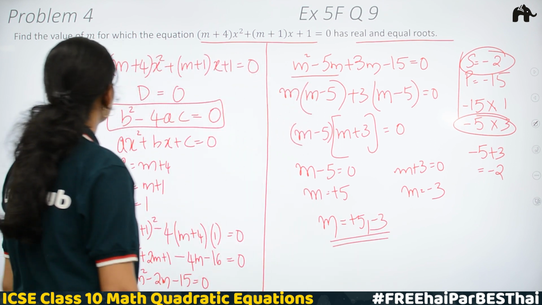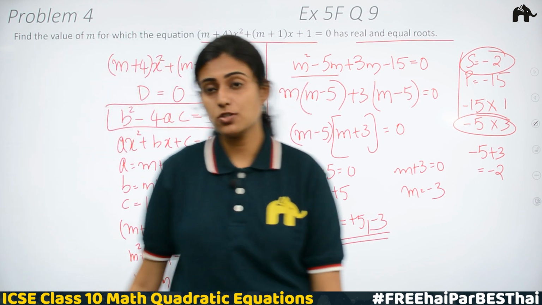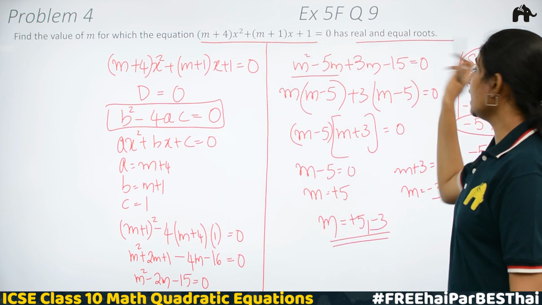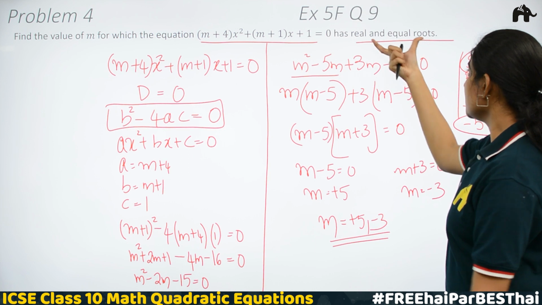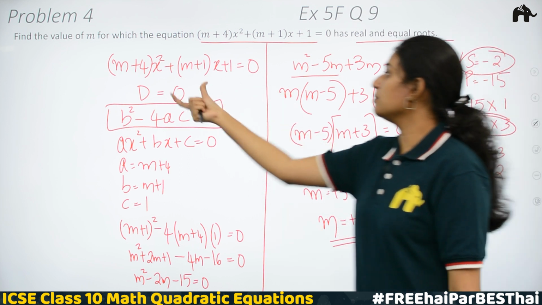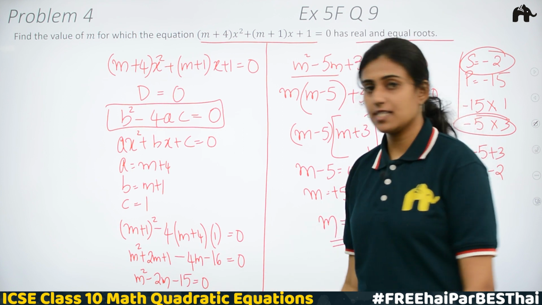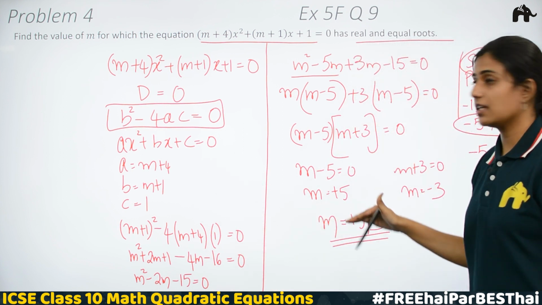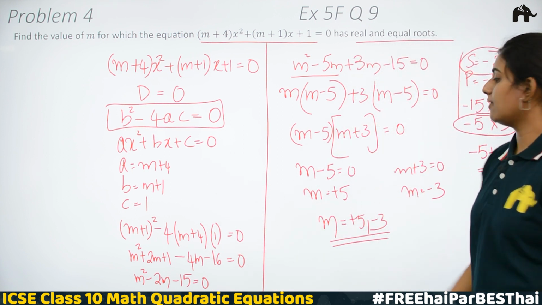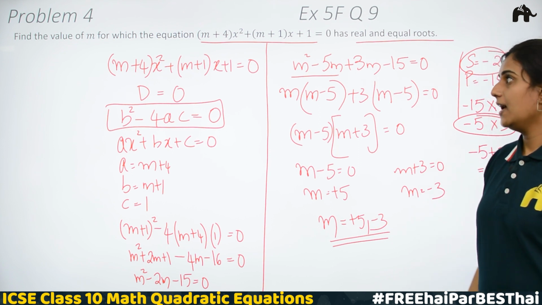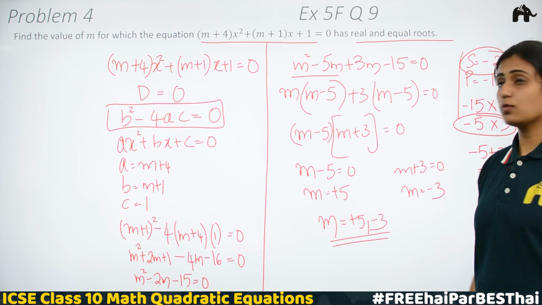Clear? We got the values of m such that in this equation we are getting real and equal roots. From this given condition we have taken discriminant equal to 0. Putting the values of a, b, c, we solve the quadratic equation to get the values of m. Okay? Let's look at the next question.